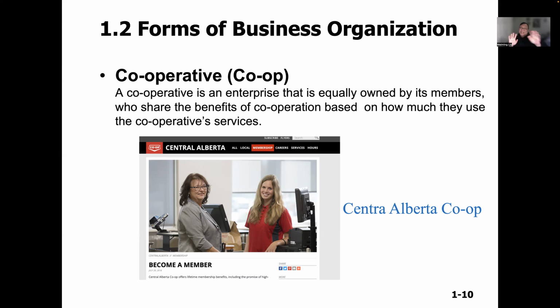They could just allocate it based on how much they use the service. Anyways, I want to encourage you to read about the Central Alberta Co-op stations, locations. I think you buy things from there. I think it's a retailer or something. So just give it a read to see how this organization is structured.